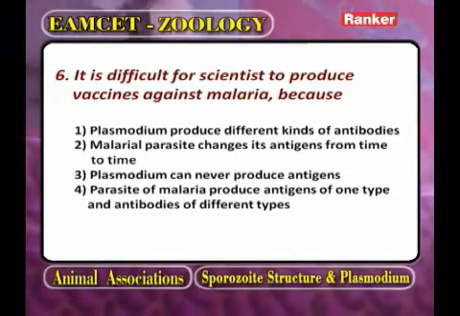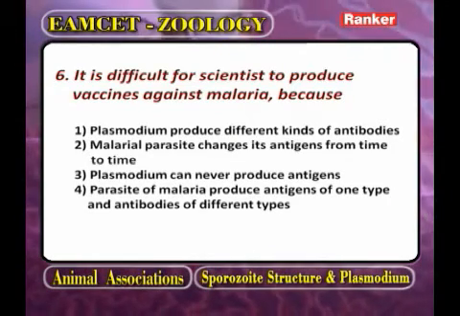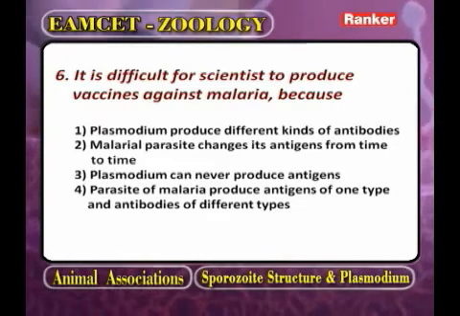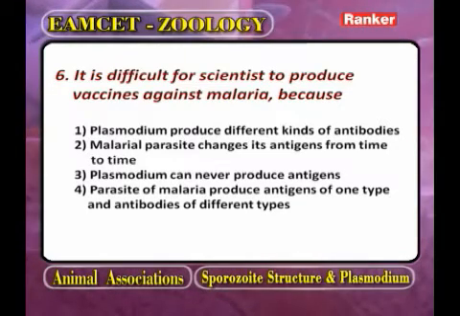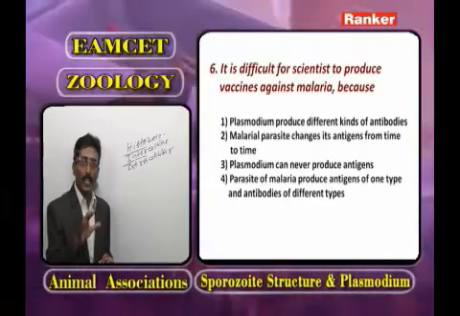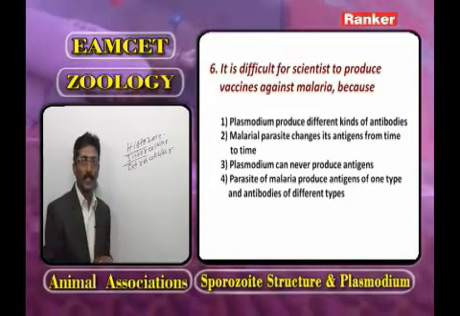It is difficult for scientists to produce vaccines against malaria. We have to discuss this concept. In the animal associations, we already learned the effects of parasites.